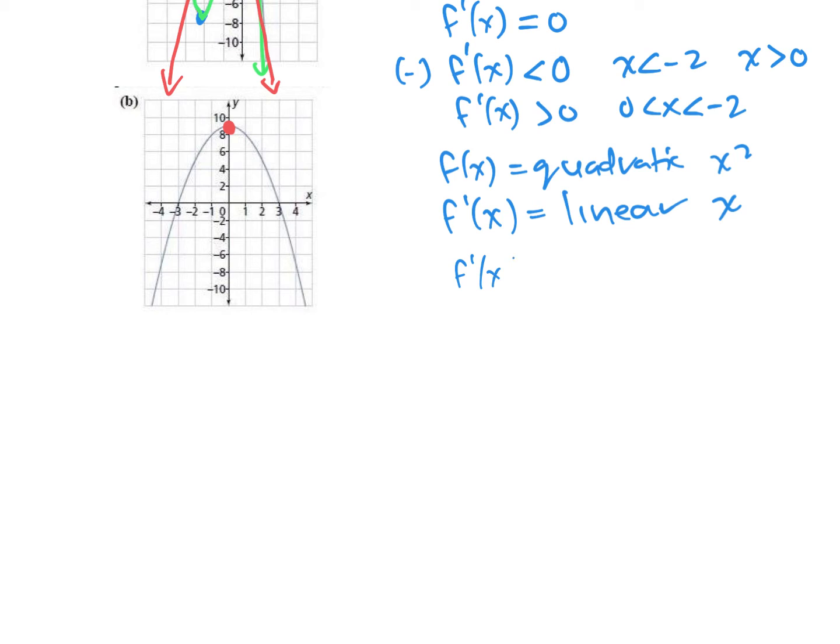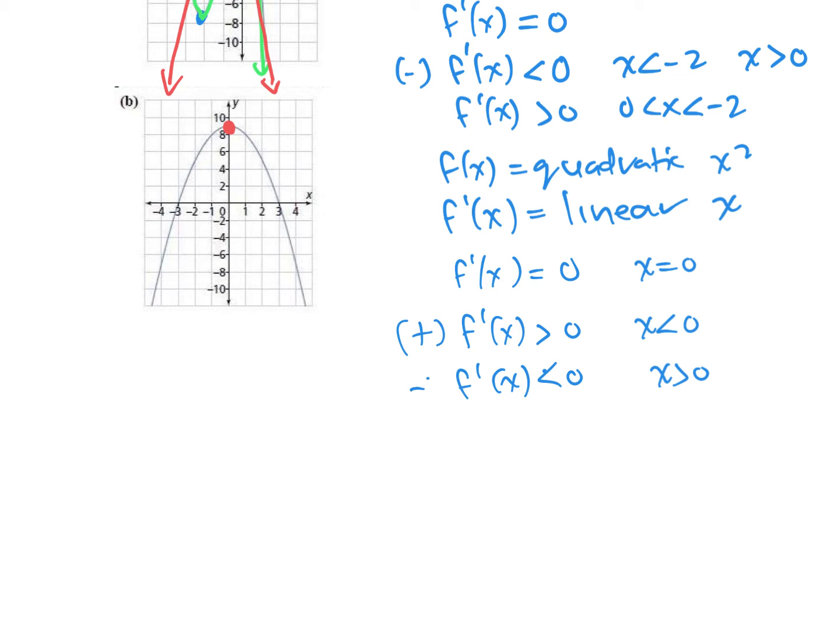So f prime of x, the slope at that point, would be 0 at x equals 0. It is increasing, or having a positive slope, when x is less than 0, and it is decreasing, or having a negative slope, when x is greater than 0. So it's going to be positive before 0 and negative after 0.